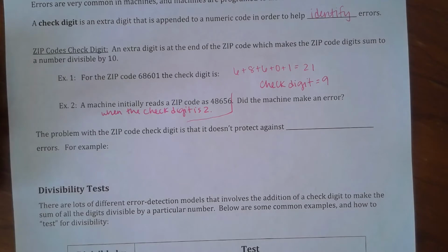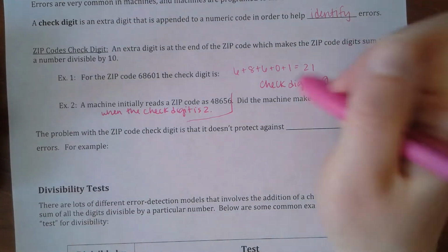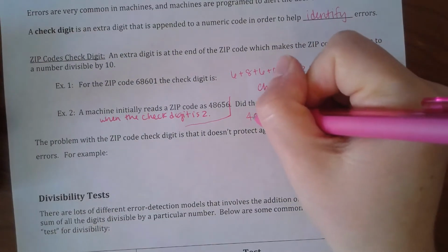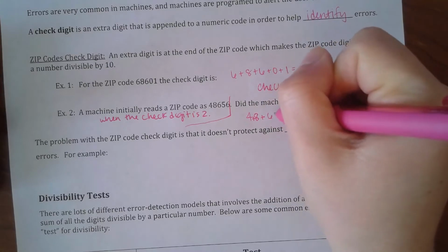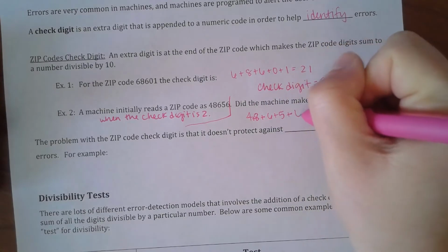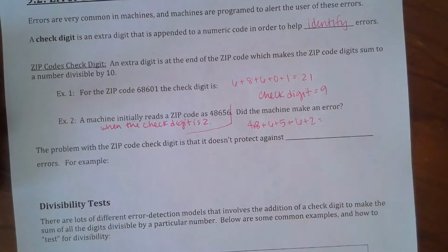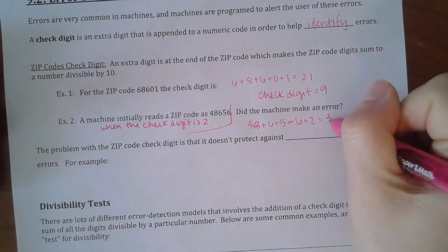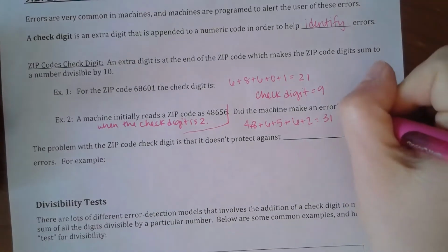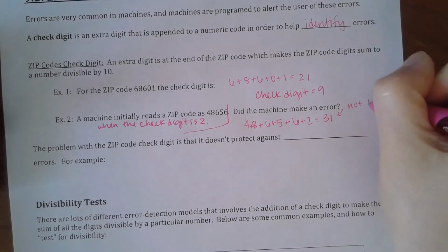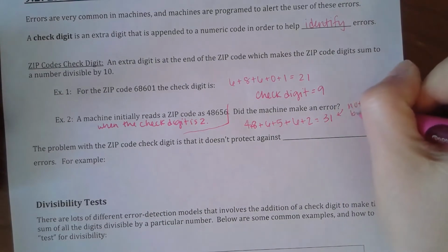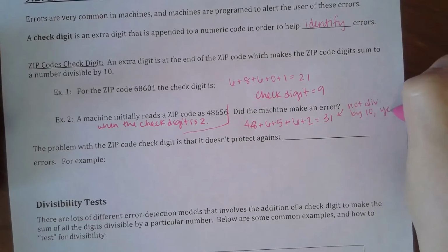To decide if it made an error, we sum 4 plus 8 plus 6 plus 5 plus 6 plus 2. If we sum all of those values together, we get 31, which is not divisible by 10. So yes, there was an error.